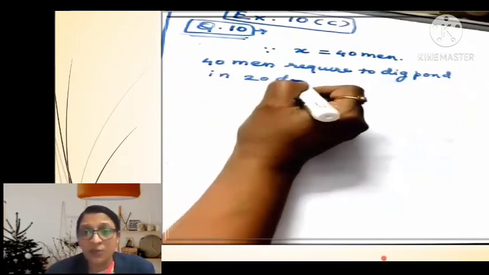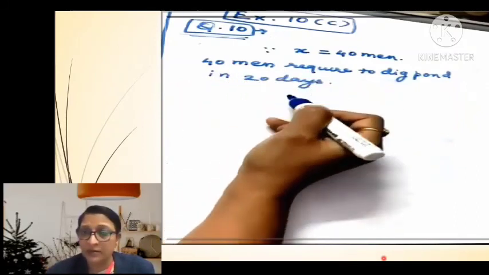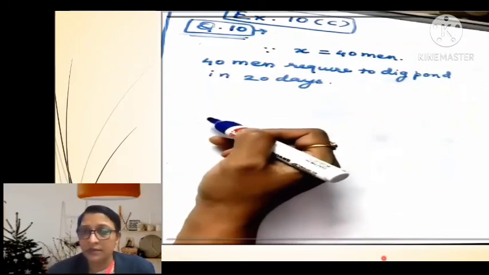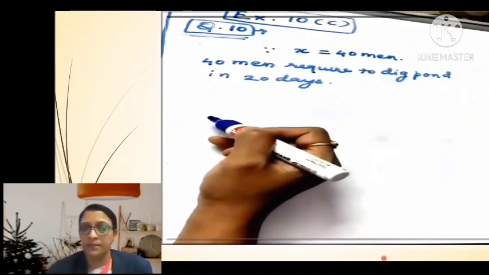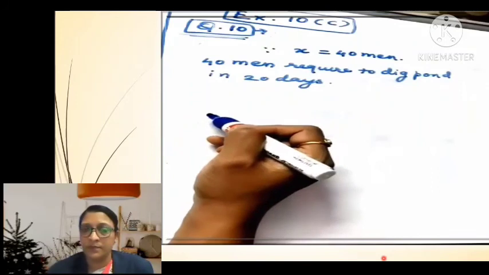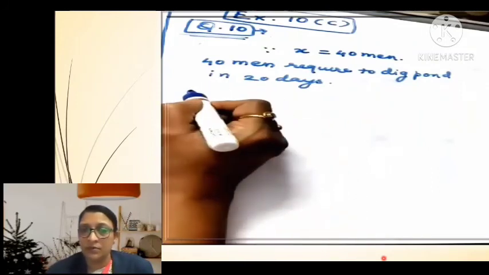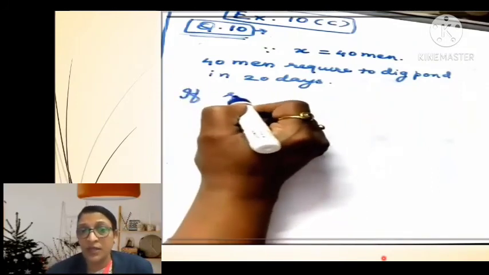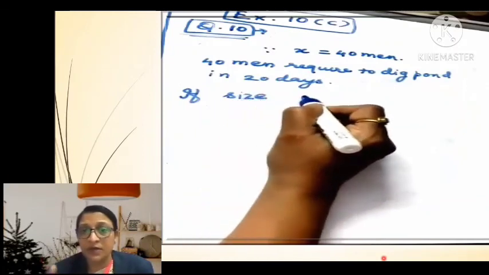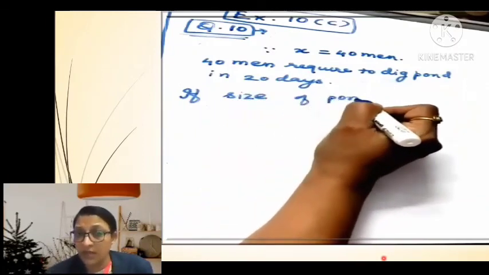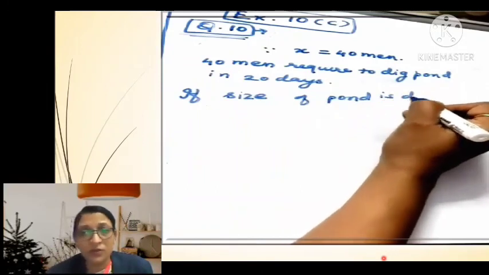if the size of pond will be doubled, then here size of pond is doubling. The work which is done by 40 men in 20 days will also get changed.